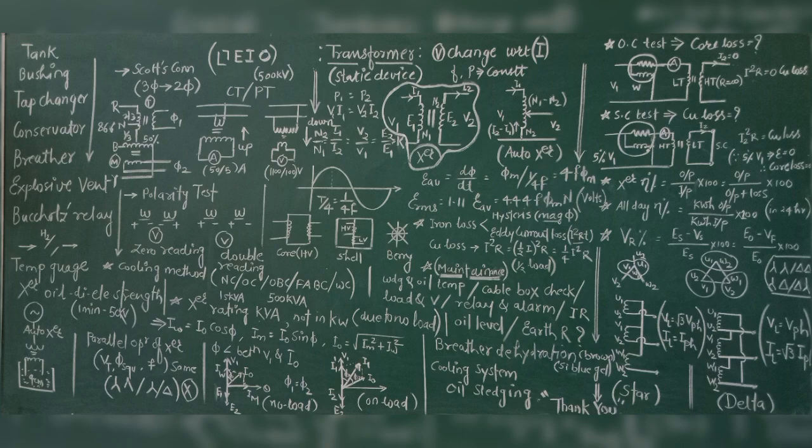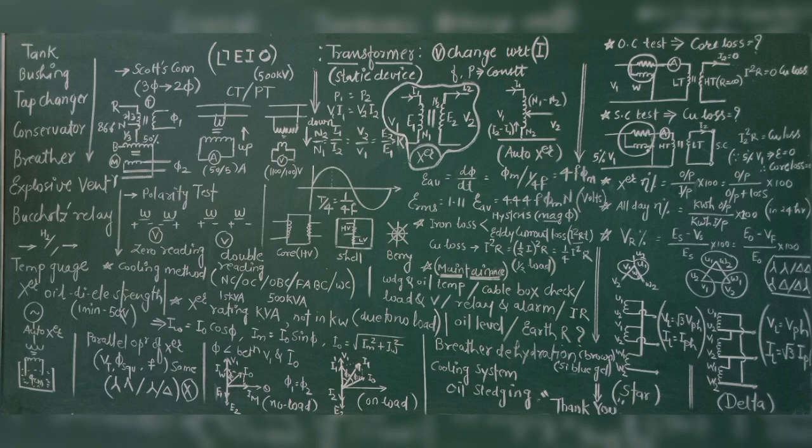Voltage equation of a single phase transformer. The average EMF is 4 F phi m, and E RMS will be 1.11 times E average, that is equal to 4.44 F phi m N. There are two main types of transformer construction: core type and shell type.